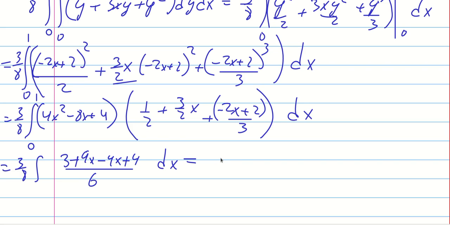And we can take 1/6 and put it outside. So if we put 1/6 outside, it's going to be 3 over 8 times 1/6 integral of 3 + 5x + 4.